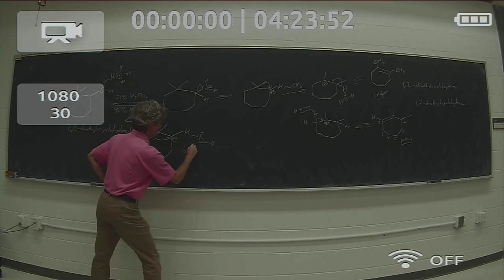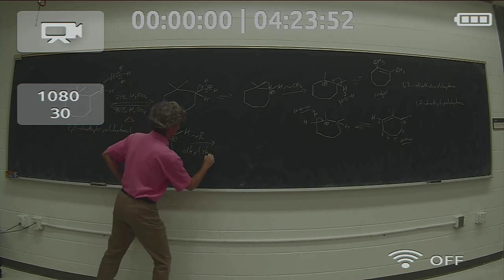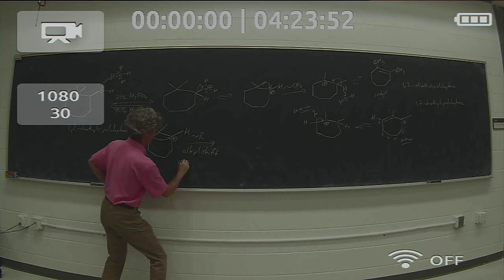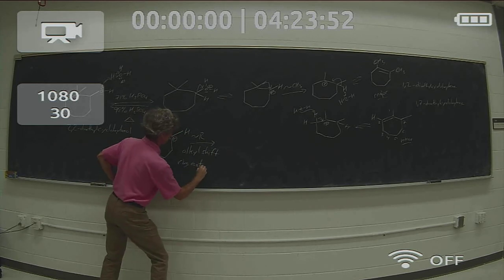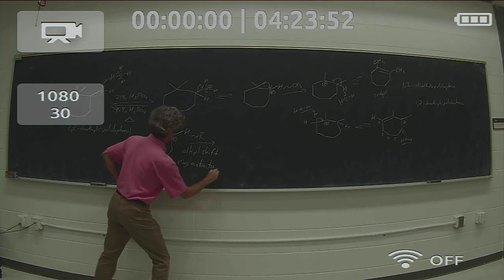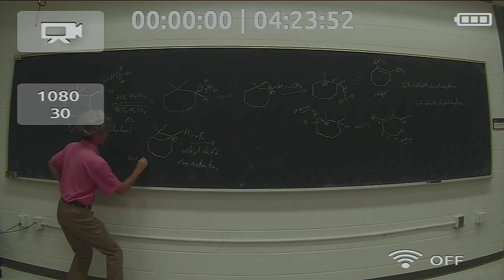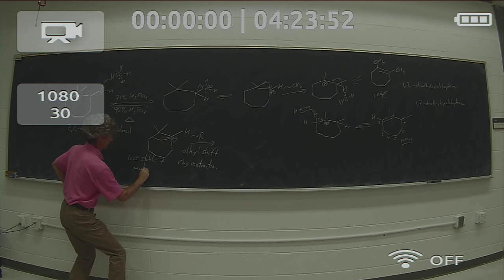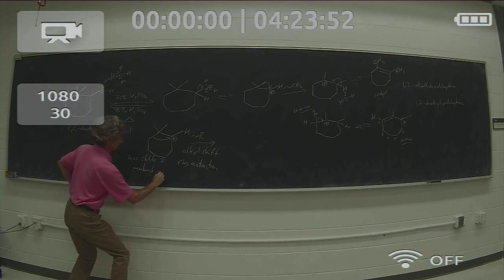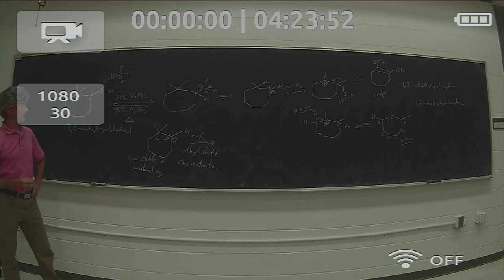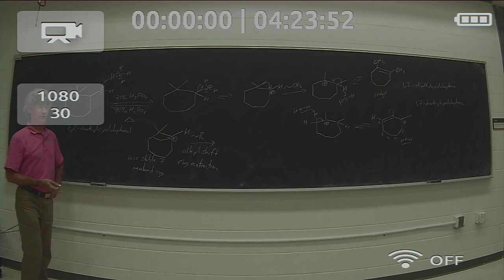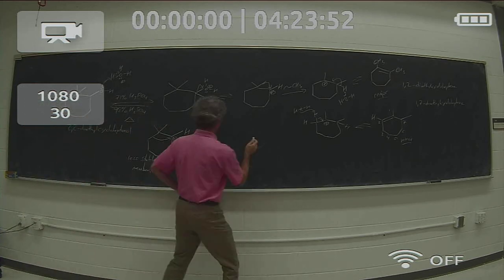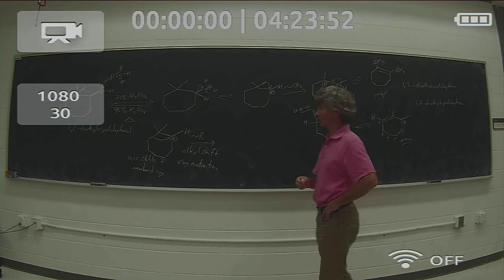It's an alkyl shift. And it will be associated not only with a switch from a secondary carbocation to a tertiary carbocation, but also with a release of some of the ring strain, because the 7-membered ring is less stable than the 6-membered ring.